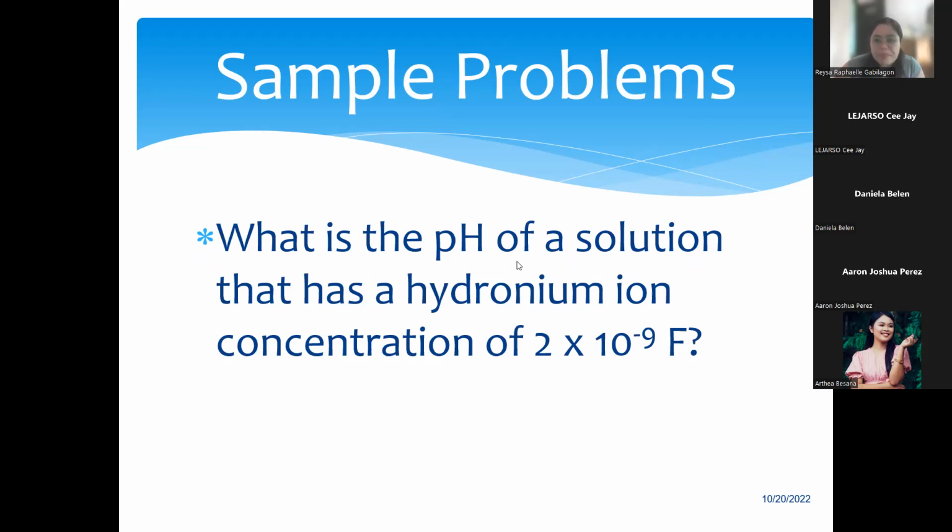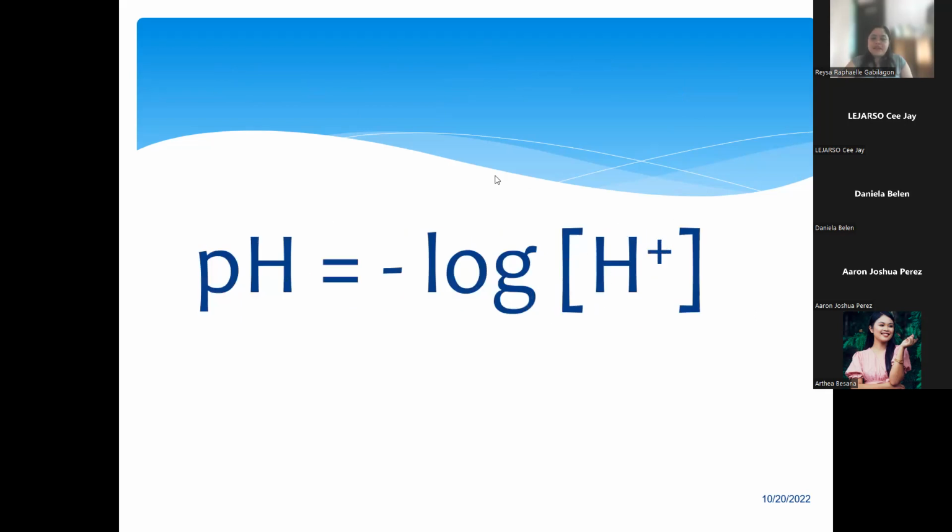So what is the pH of a solution that has a hydronium ion concentration of 2 × 10 raised to the power of -9 formal? By the way, it's either hydrogen ion or hydronium ion. Baka malito kayo kasi minsan ang binibigay is hydronium ion.